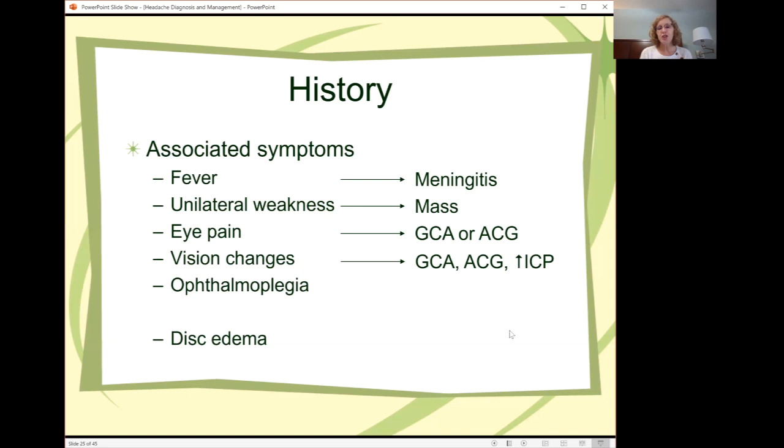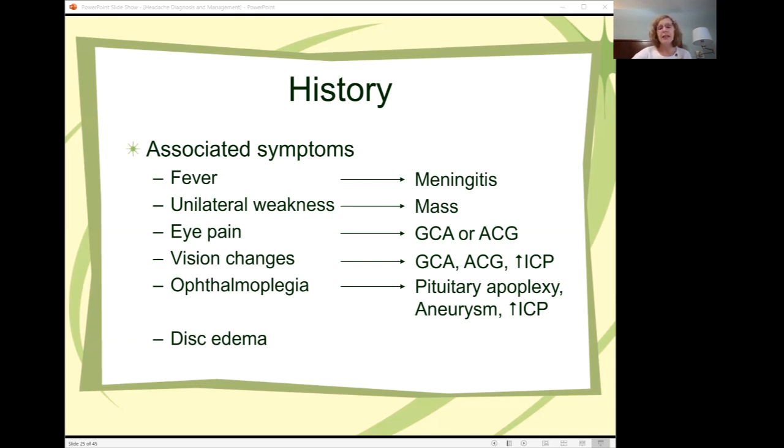If vision changes are present, think again about giant cell arteritis, angle closure glaucoma, or something that's causing increased intracranial pressure, like idiopathic intracranial hypertension, cerebral venous sinus thrombosis, or a mass. Pituitary apoplexy should be considered if there are extraocular muscle restrictions associated with a headache.